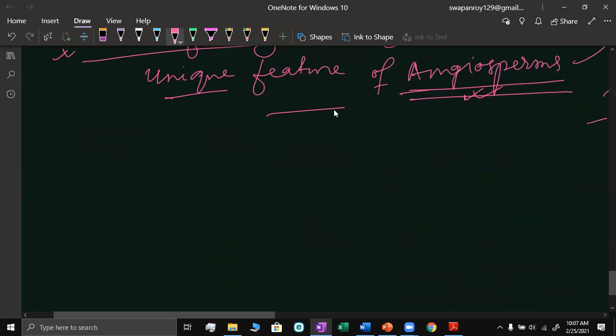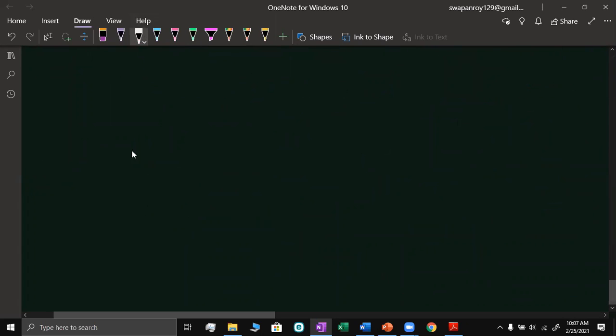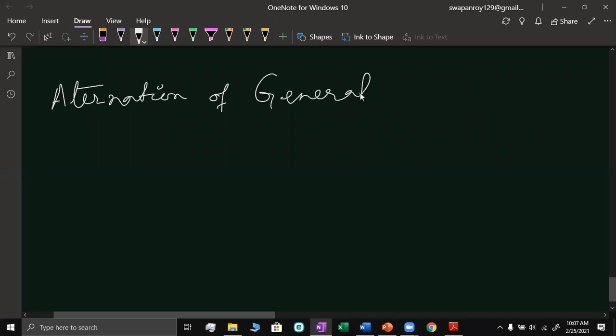All right. Now come to another important thing, what we call alternation of generation. In plant life, there are two generations.